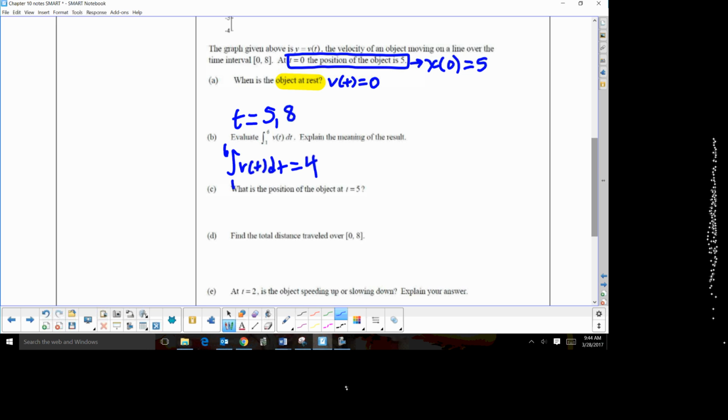What are your bounds going to be? One of them you know, and one of them you want. We know 0, and we want 5. So that's where I put those bounds.